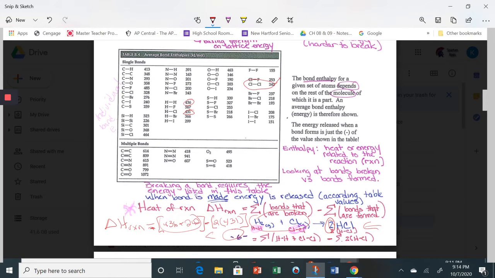It produces energy. Breaking this bond doesn't. And you add those together, and even that total isn't going to be enough to use energy, need energy, because when you make this, you release so much energy that the net overall is a release.